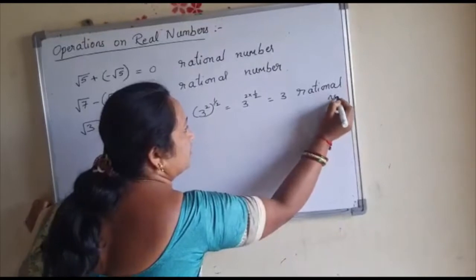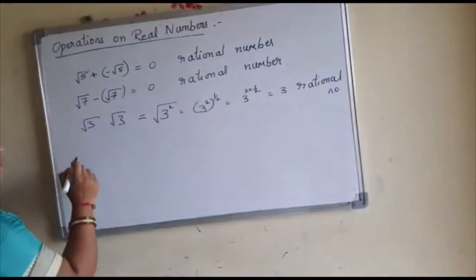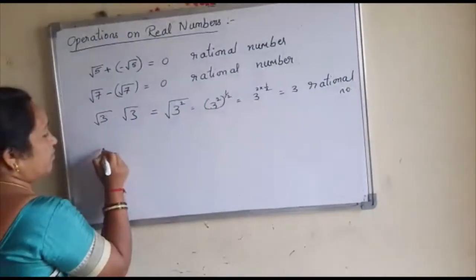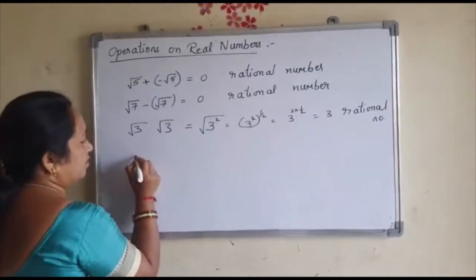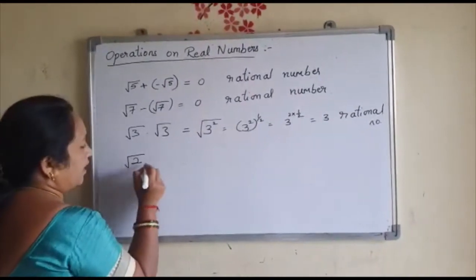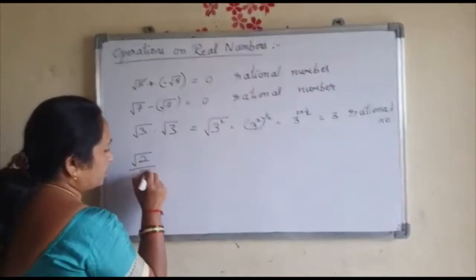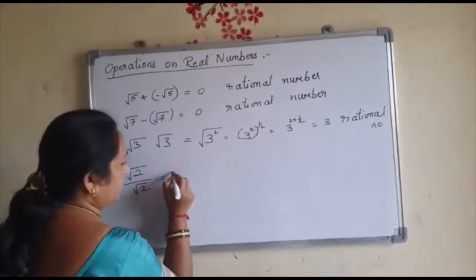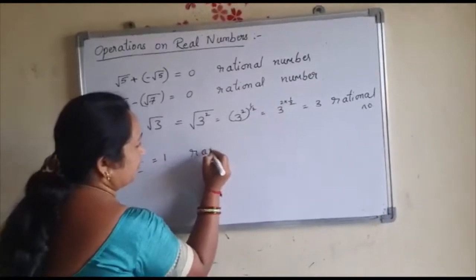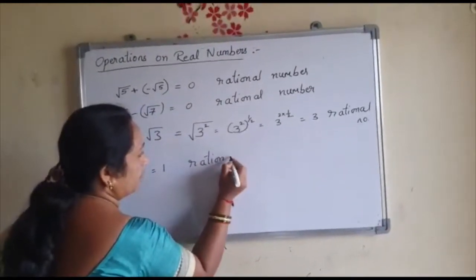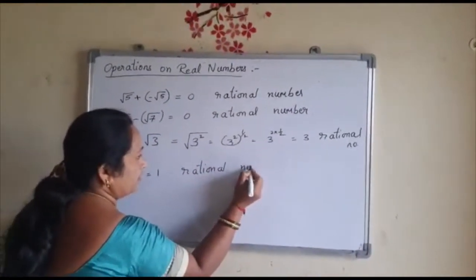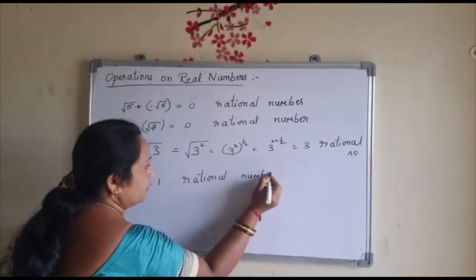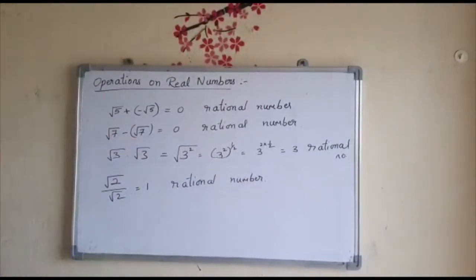Now let us take one more example, which is root 2 divided by root 2. When you divide root 2 by root 2 you will get 1. Again here 1 is a rational number.